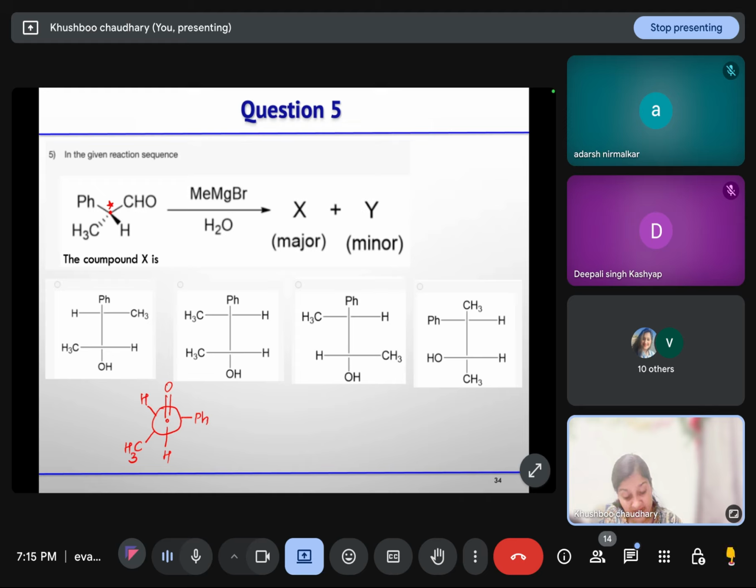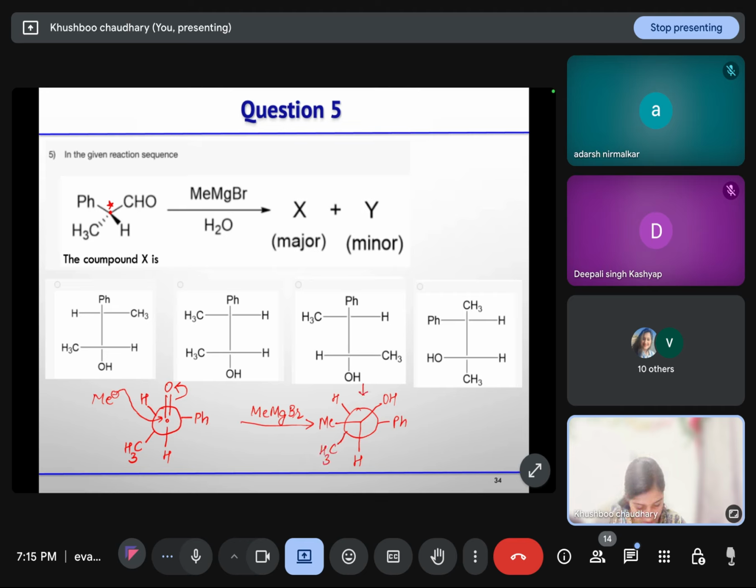Now, from where will methyl attack? From the side of methyl or from the side of hydrogen? Hydrogen side. So methyl will attack from this side and this will go. So the projection we will get is: here we will get OH, here we will get methyl, here we will get H, and this is Ph, H and CH3.